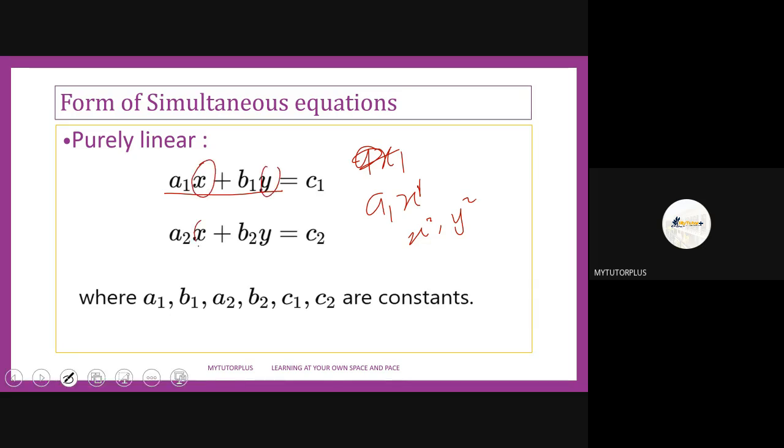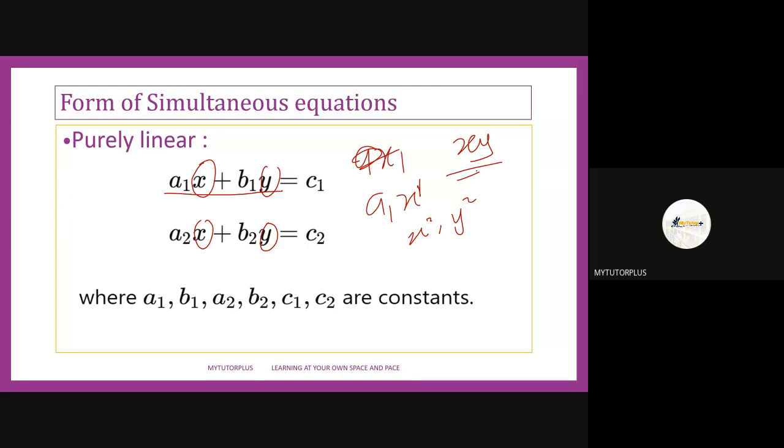We have x and y, x and y, x and y. That is the first thing you need to check, so it shows that it is linear. The second thing is that we don't have any equation among the two equations whereby x and y multiply each other. We don't have anything like xy in our expression. If there's xy there, there's a probability that your solution will lead to a quadratic equation.